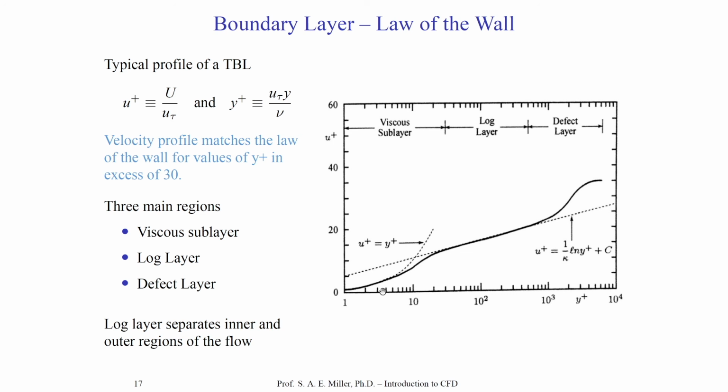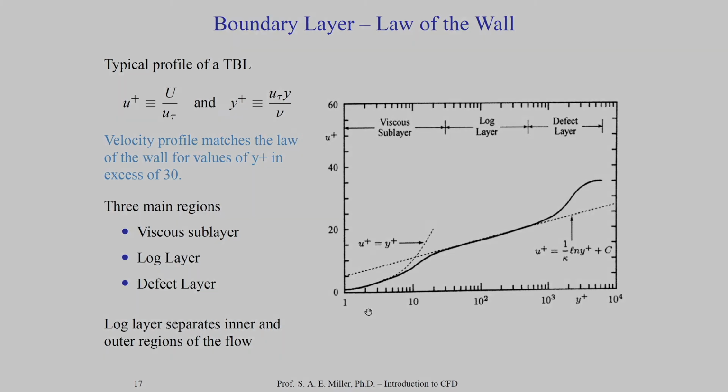So this means we have to have enough grid points in the region of y plus less than 10 to resolve the viscous sublayer. If you don't, in traditional CFD analysis, you won't be able to find the correct drag. So this is an interesting way of analyzing a turbulent boundary layer with no CFD to estimate the number of grid points near the wall. We will talk more about this.